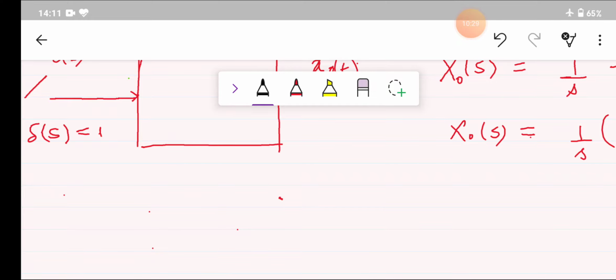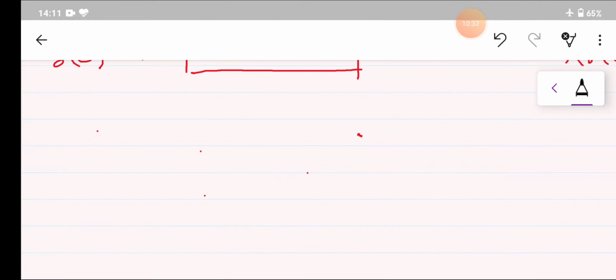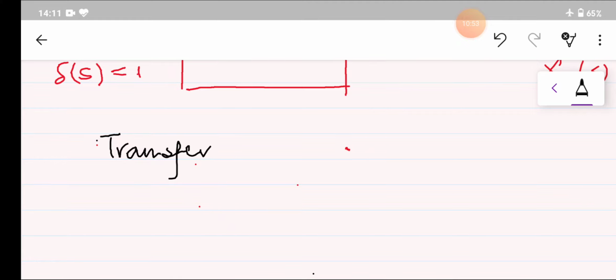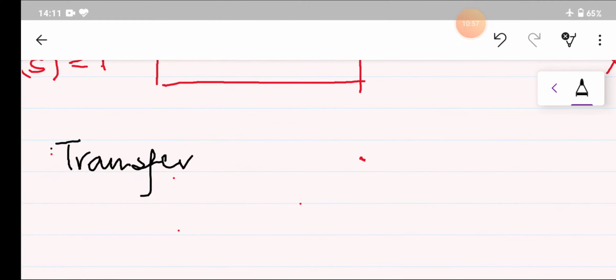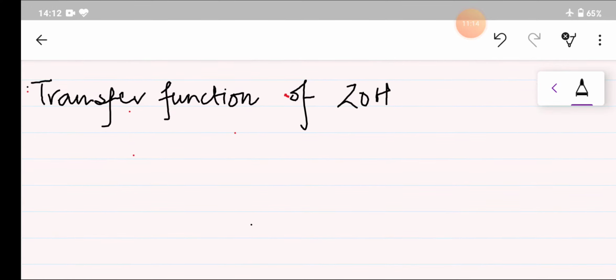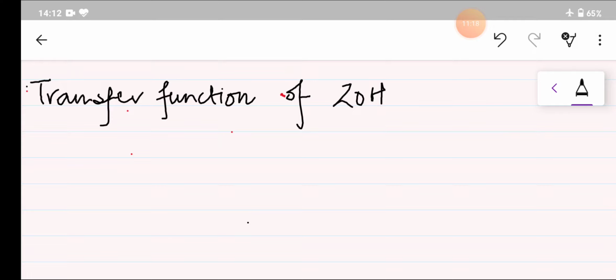Now we are going to determine the transfer function. The transfer function is the Laplace transform of the output over the Laplace transform of the input. Let us say it is H(s).